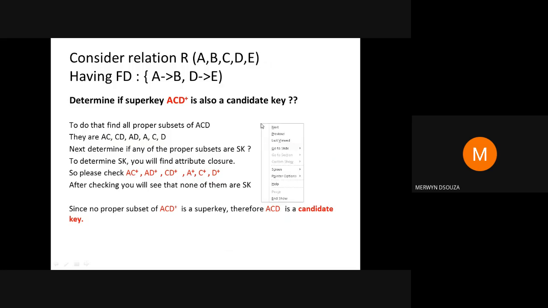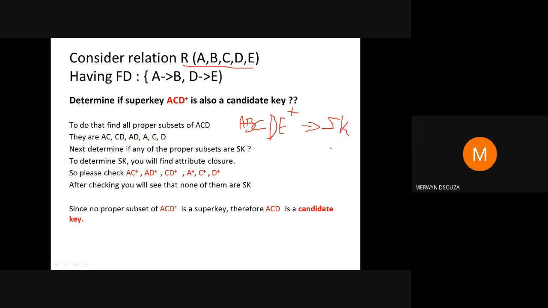Just to summarize what we did: given a relation R, we found the closure of the entire set of attributes A, B, C, D, and E. The closure contained all the attributes, so we concluded that A, B, C, D, E is a super key.